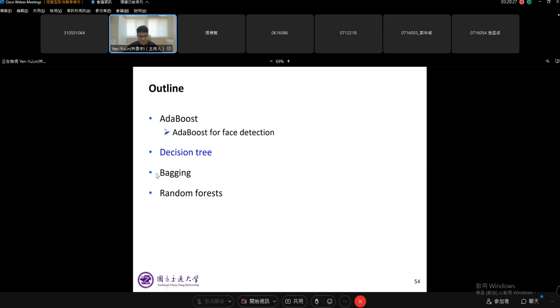So we can use bagging, random forest or AdaBoost to combine many decision trees to make them more robust and more accurate. In the following, let's talk about how to construct a decision tree and how to apply a decision tree for classification.